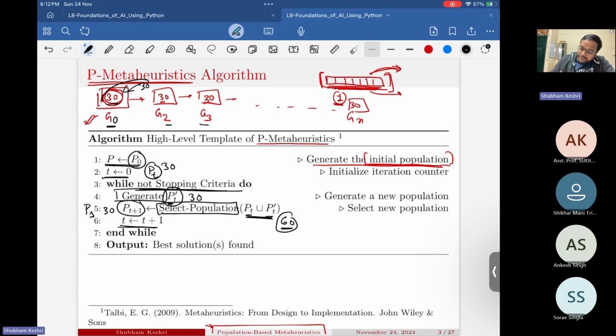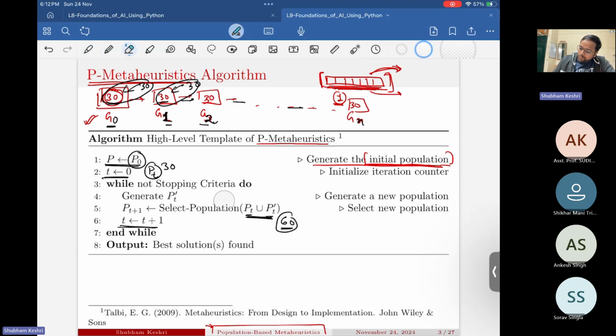From these 60 individuals, we pick 30 individuals for the next generation, which is generation 1. Again, you generate another 30 individuals, you combine these two, 30 plus 30, it will become 60, and then pick or select the 30 best individuals. So you will have generation 2, and you go on and on until you have generation N. Right? Okay, so this is the idea.